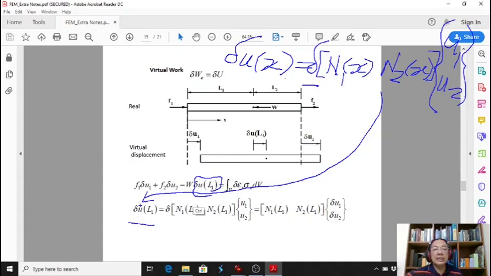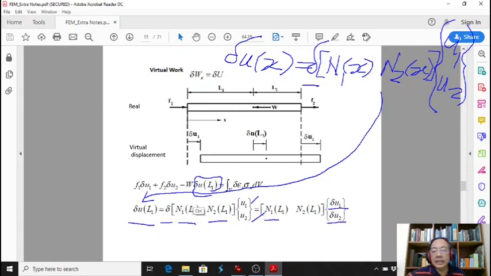From here, if x equals L1, virtual U of L1 equals N1 of L1 and N2 of L1 times virtual U1, virtual U2.